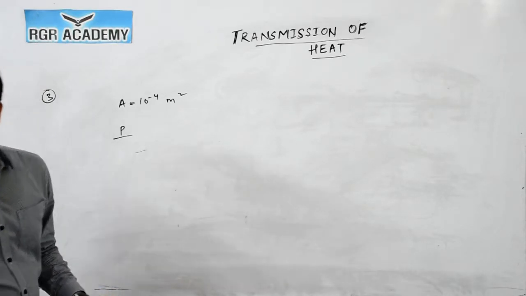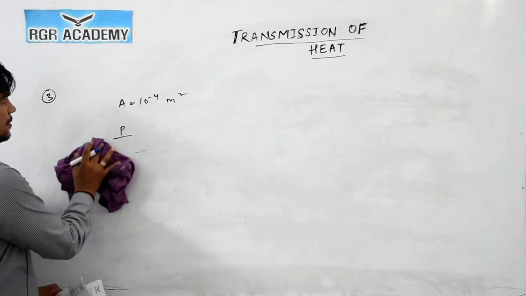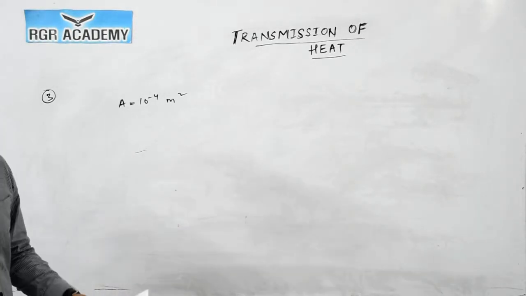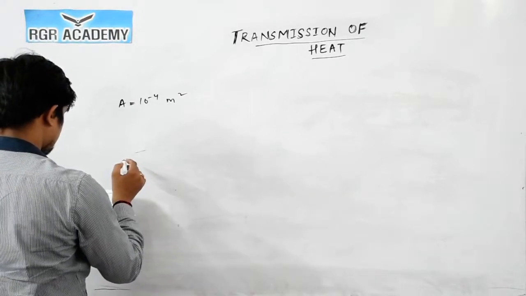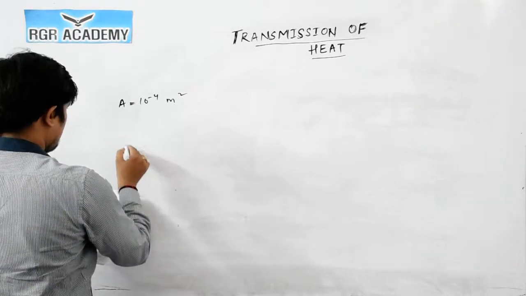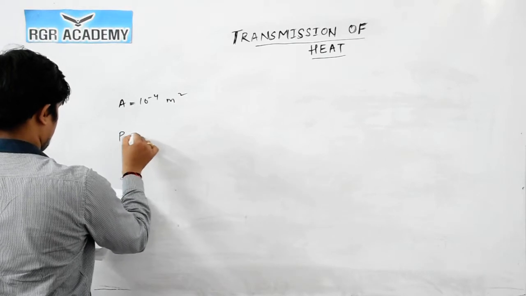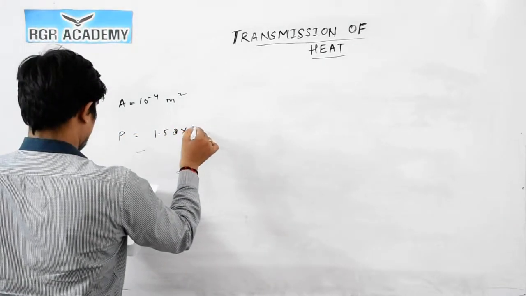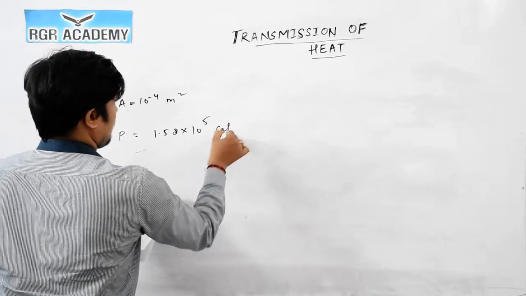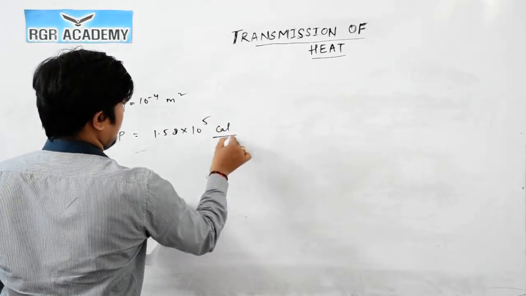They have given 1.58 into 10 to the power 5 calories per hour.